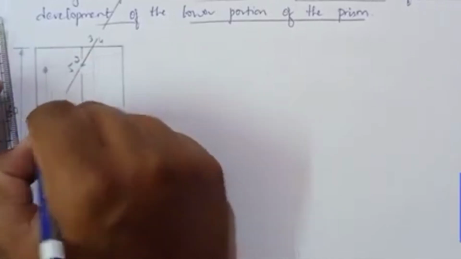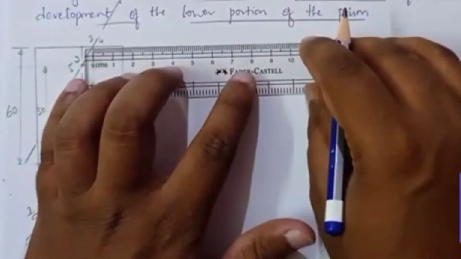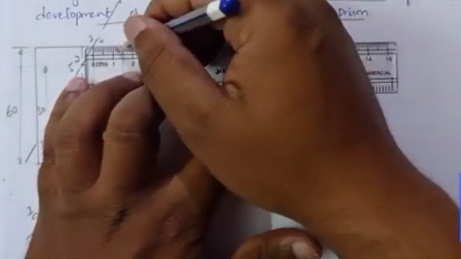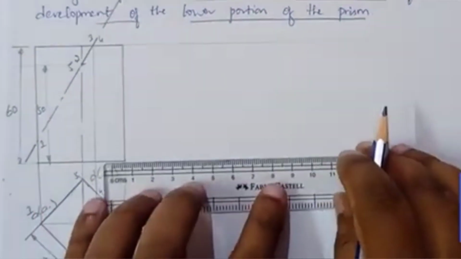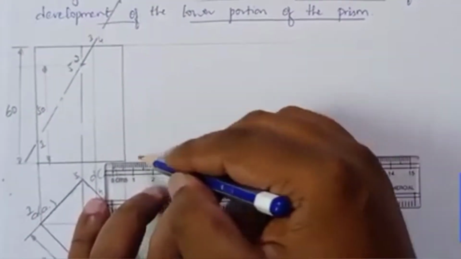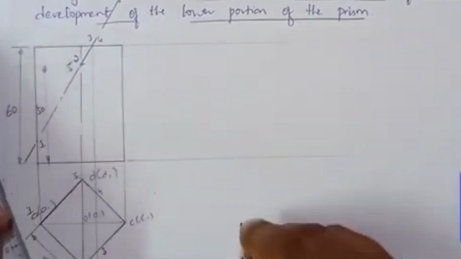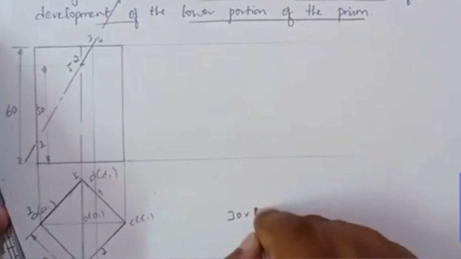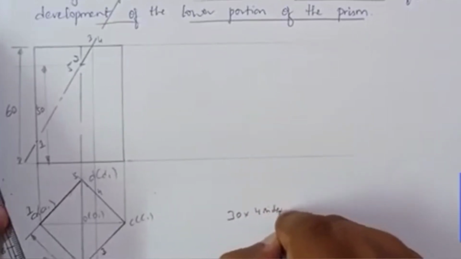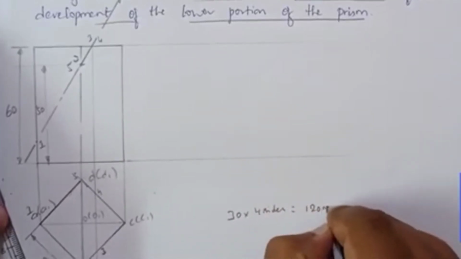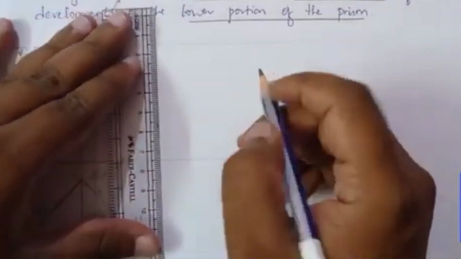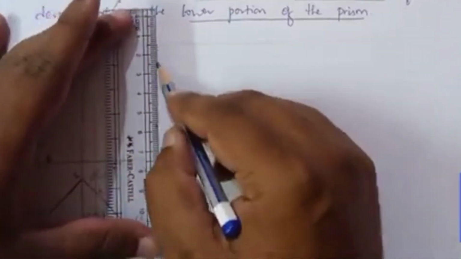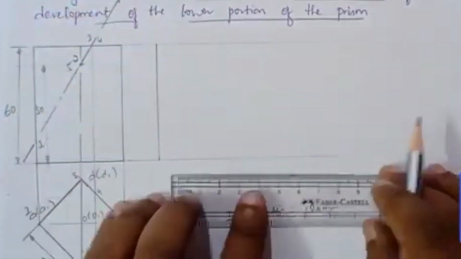Now you can extend it. Because it is drawn with the parallel line method, just draw two lines extending from here. The base length is 30 mm and it has 4 sides, so we need to extend till 120 mm. First take a reference end here.